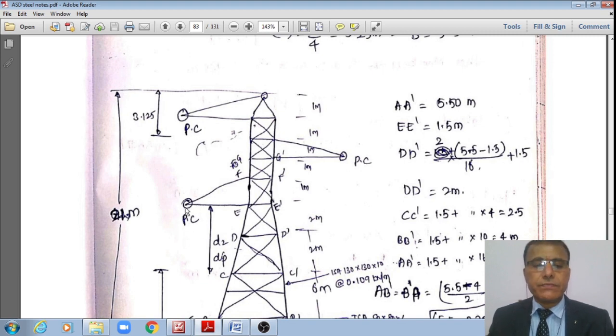Now because I do have 3 arms, this is the first arm, second arm, third arm. Therefore, I'll assume 4 panels. In the first panel I have 1 arm starting and ending.